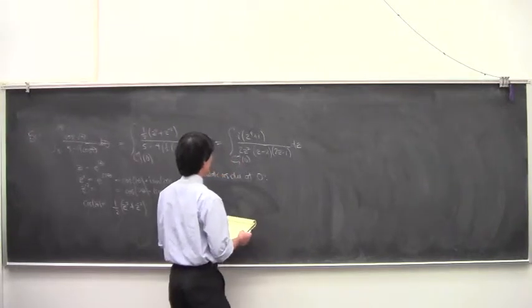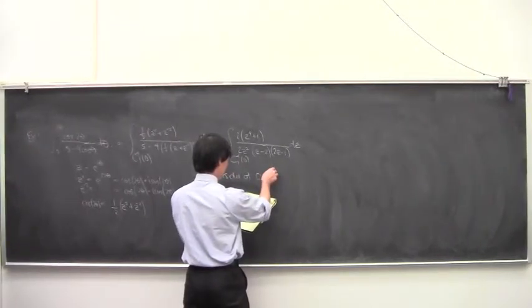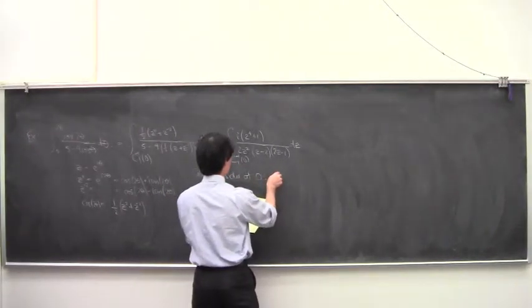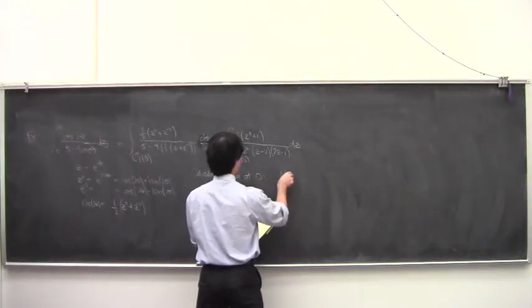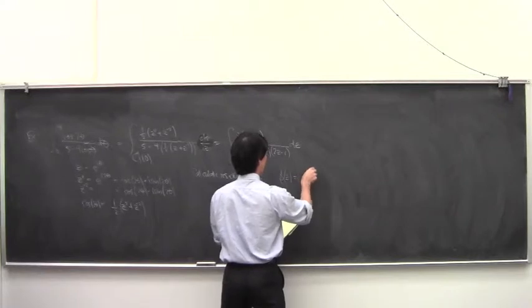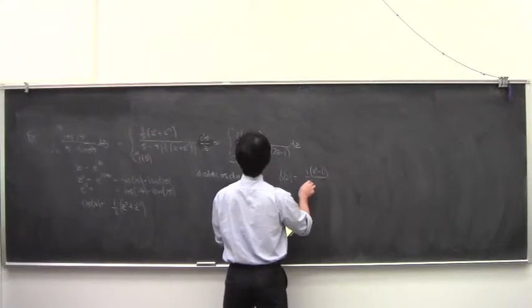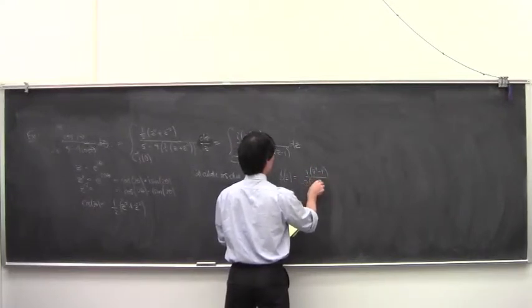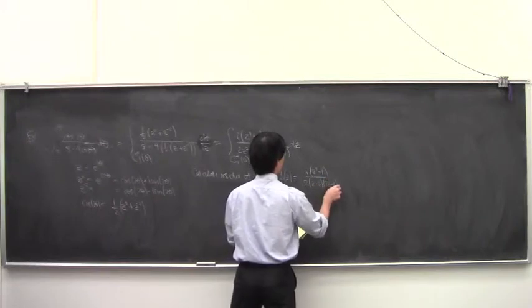So you say, okay, I'm going to take my phi, which is going to be everything else. So z to the 4 plus 1, over 2z minus 2, 2z minus 1, right?